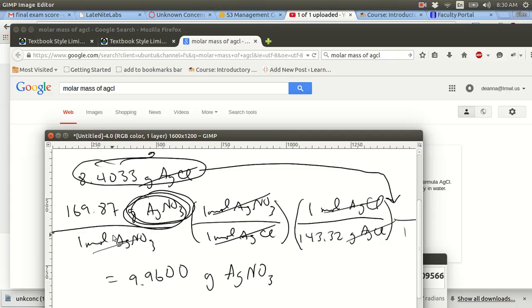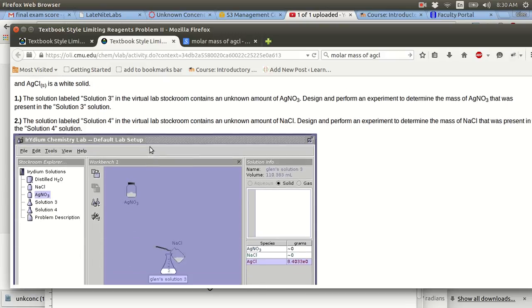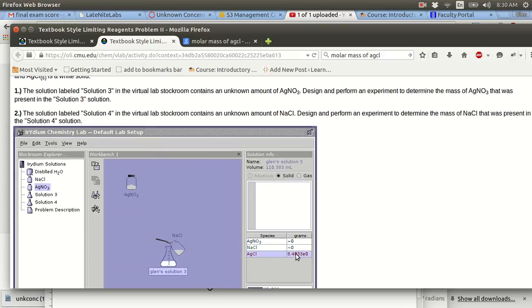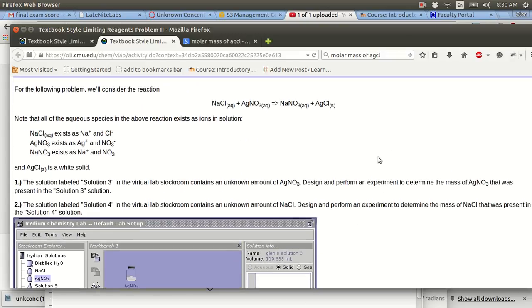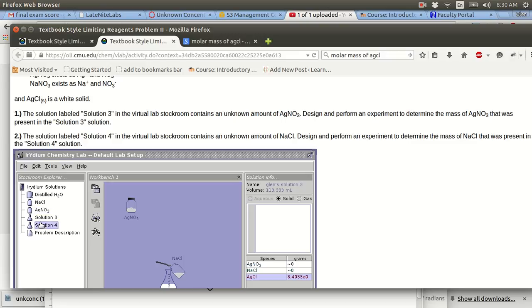You're going to get a different answer because you're not going to use 8.4033 grams of AgCl. You'll find something else in your virtual lab right there. Number 2. Is there a number 3? That's it, just number 1 and 2. Okay, so number 2. Take solution 4, and this contains an unknown amount of NaCl.